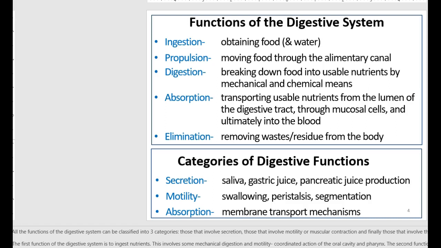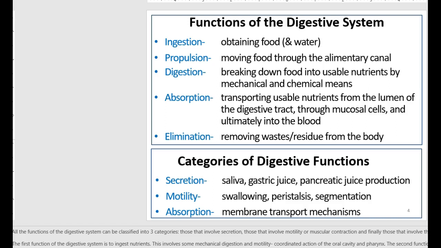And again, the functions can be classified into categories. And there's 3 basic categories of function. Either the function will involve secreting some sort of solution or fluid, or the function will involve muscular contraction. In that case, we call it motility. And the third basic function is absorption.